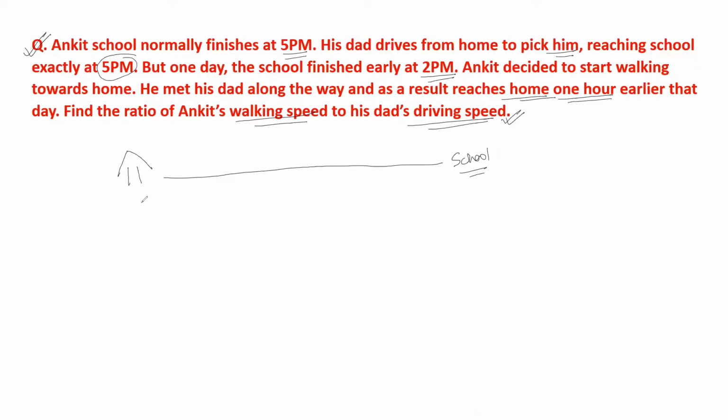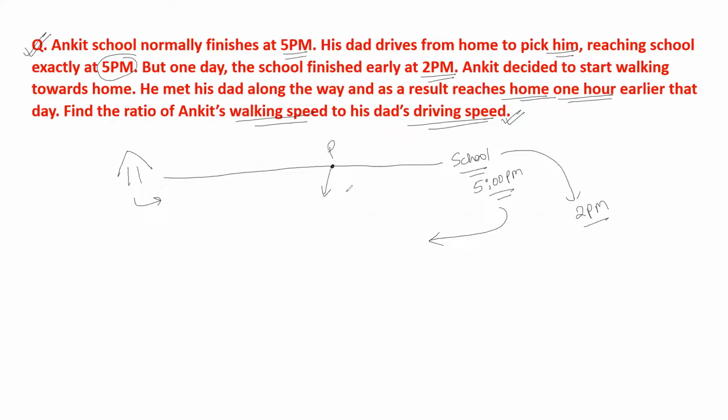So every day Ankit's dad starts from his home to pick him and reaches school at 5 p.m. But on that day, the school finished at 2 p.m. and instead of waiting at school, Ankit decided to walk towards his home and met his dad somewhere in between home and school. Let us assume this point to be P, that is the meeting point of Ankit and Ankit's dad.